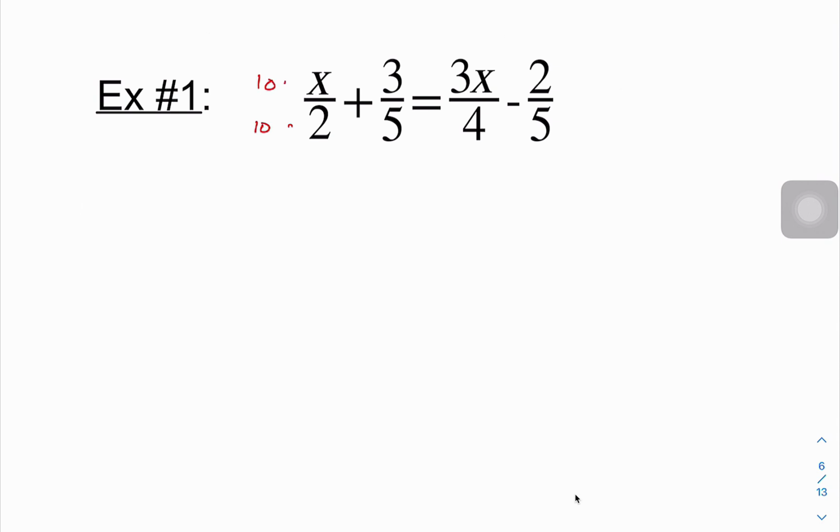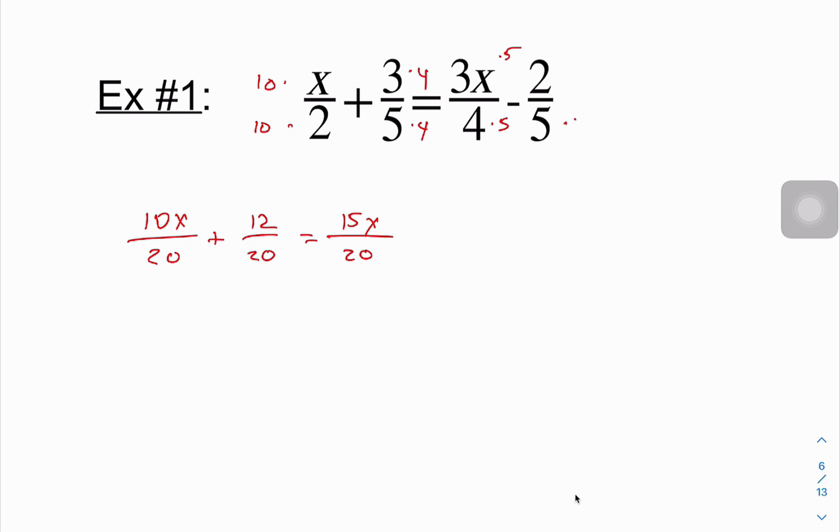So we get 10x over 20, plus second fraction, we need to multiply top and bottom by 4. So we end up with 12 over 20, equal to third fraction, we have to multiply by 5. We end up with 15x over 20.